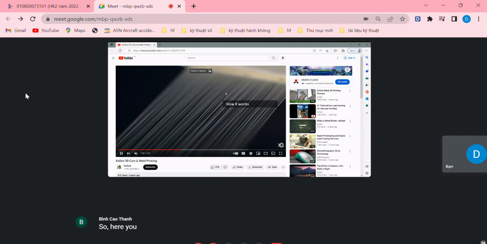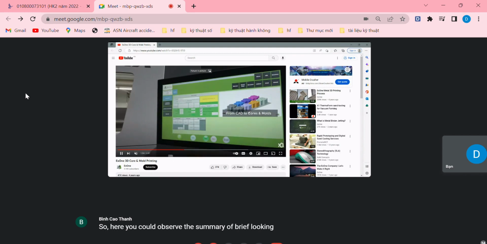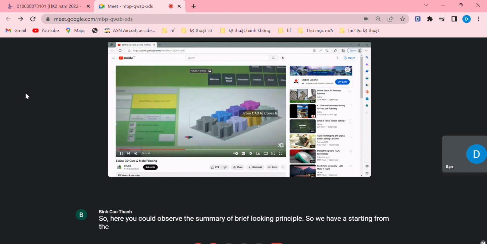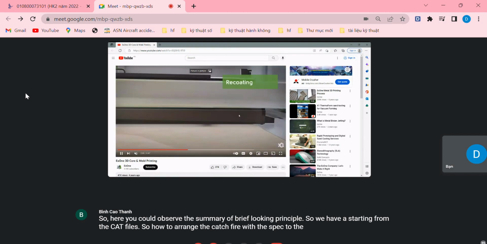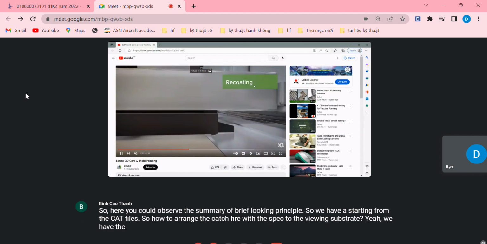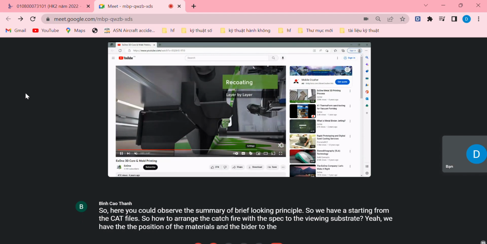So here you could observe some brief working principle. We start from the CAD files, and how to arrange the CAD file with respect to the building substrate. We have the position of the materials and the binder to the substrate.